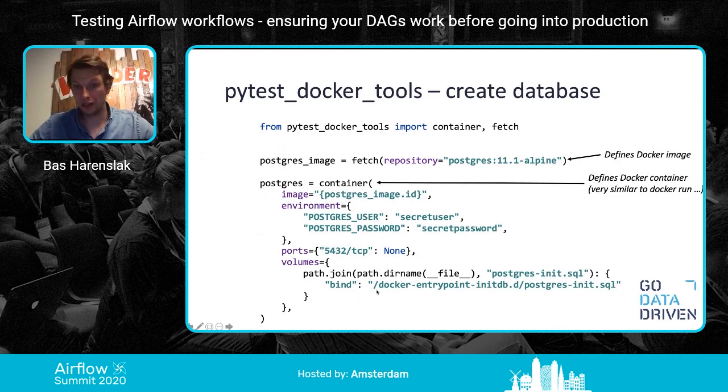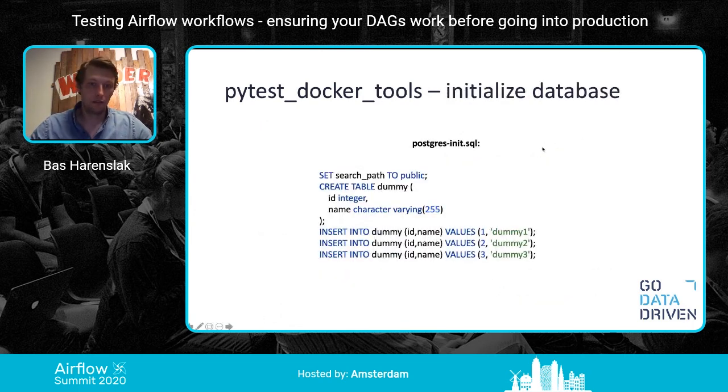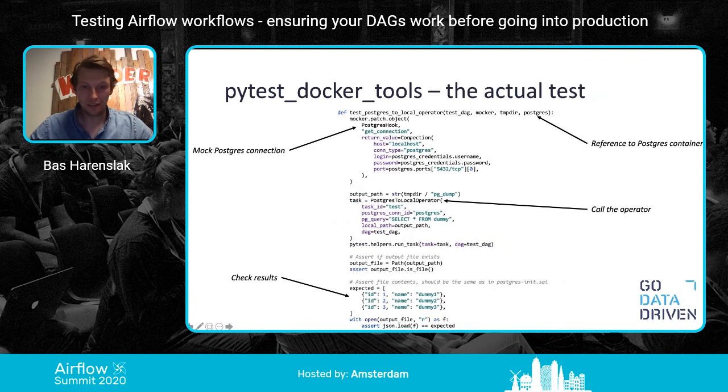A magic trick about the Postgres container is that you can supply a SQL file in this initdb path, and it will actually run whatever statement is in the SQL file at the start of the container. So you can create a database, create tables, create data that you can test with. For example, you insert some dummy values into a table called dummy, and then, especially with mocking, your tests start becoming longer and longer in terms of lines of code.